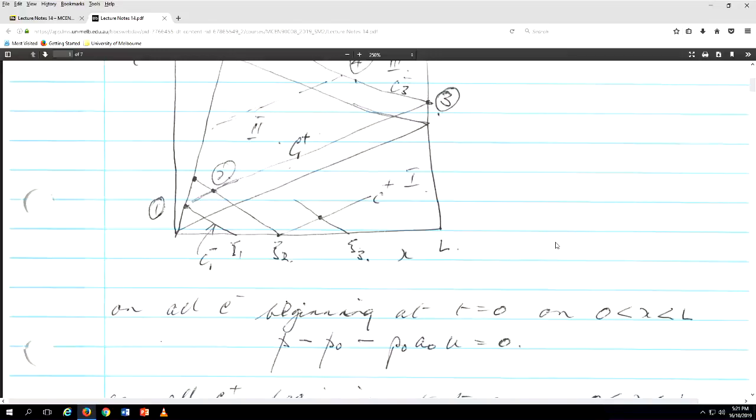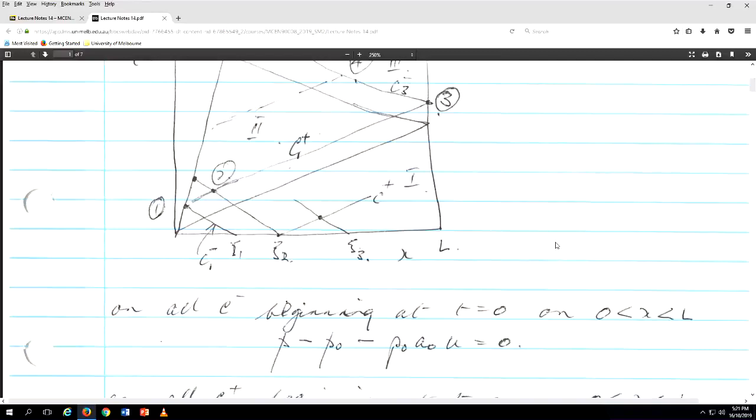Point 1 would be the same as a point up here, because it's reached by a characteristic from here, and it would have a positive characteristic from here, and so there might be some intersection with one from here at some point here. And so this point here would be the same as this point 2. So let's work out what happens at 2, and then we'll know what happens in the whole of region 2.